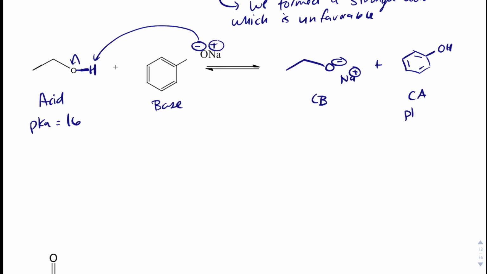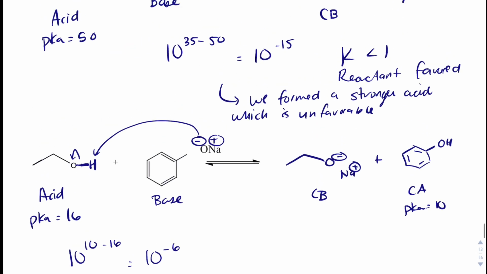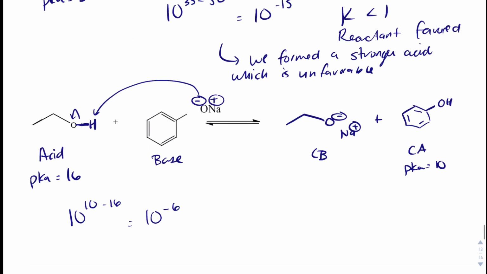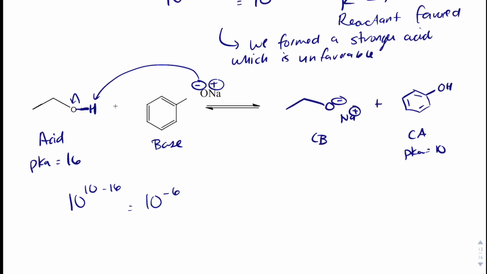Conjugate acid is pKa of 10 because that's phenol. So we'll take 10 to the 16 minus 10. Or actually, I got that backwards. Conjugate acid minus acid. 10 to the minus 6. This is going to be reactant favored.